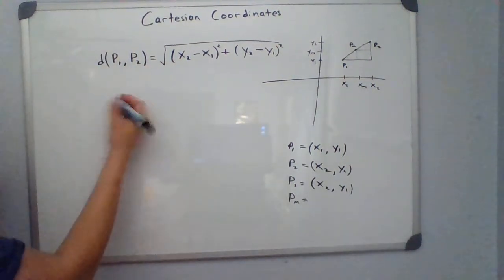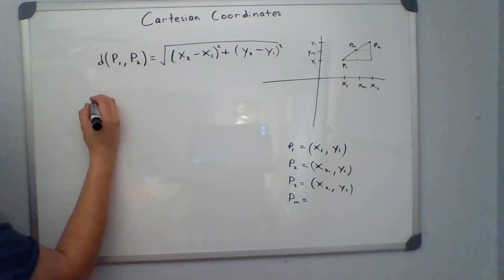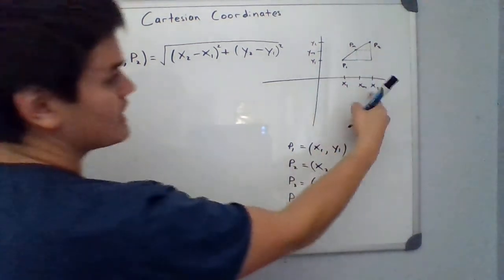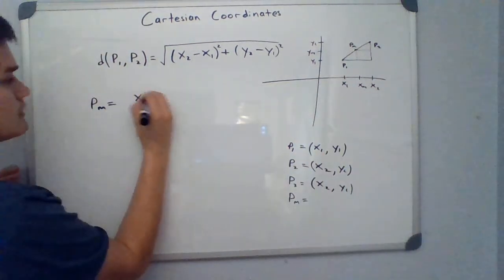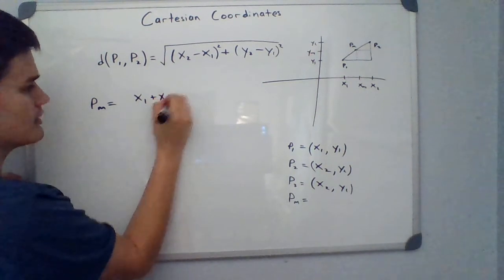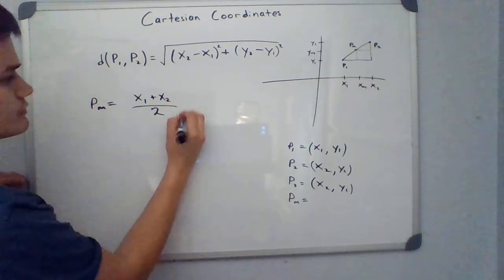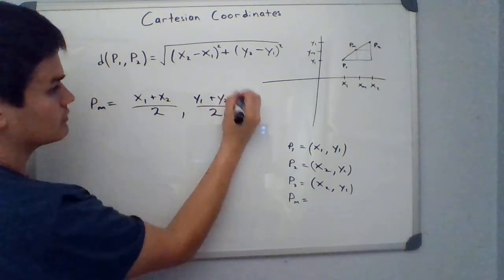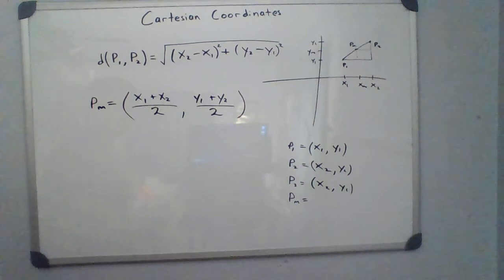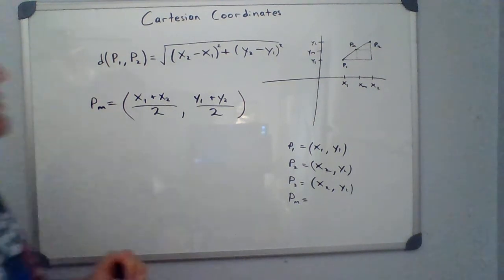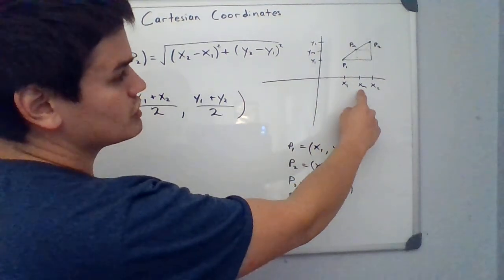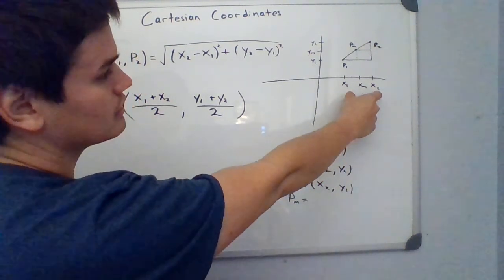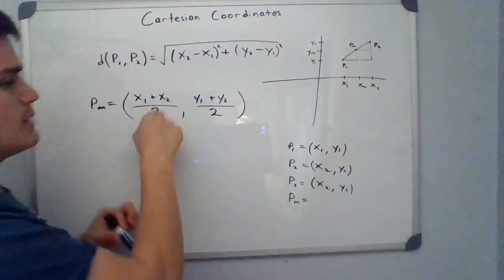But the midpoint formula, if I wanted to find the midpoint, or PM, is going to be X1 plus X2, all divided by 2, and Y1 plus Y2 divided by 2. And the reason we can do that is because we know the midpoint is going to be the average of two distances. If I add them up and divide them by 2, that gives me the midpoint.